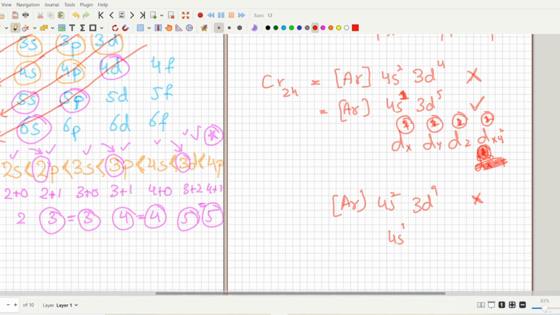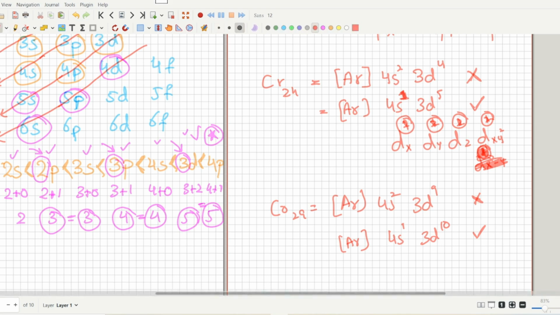The stable one is 4s1 and 3d10, because in this case you will have 2 electrons in all of these orientations. So that's why copper 29 has 1 electron in the s shell and 10 electrons in the d subshell.